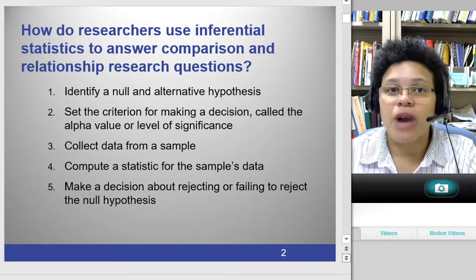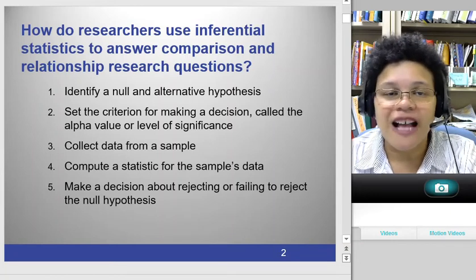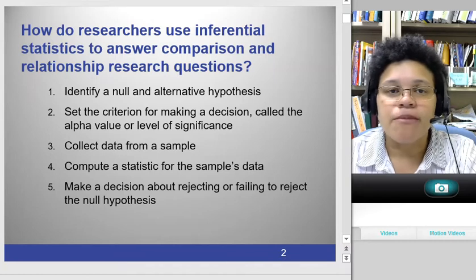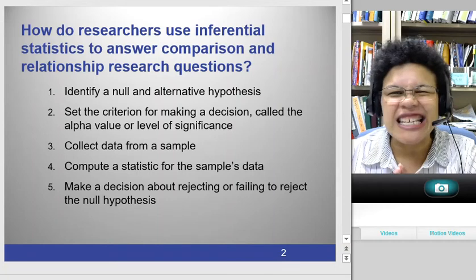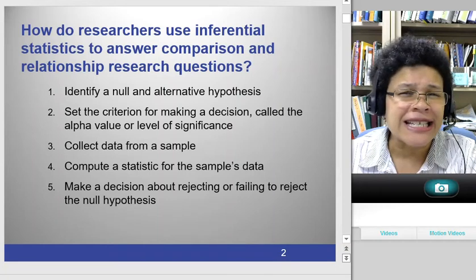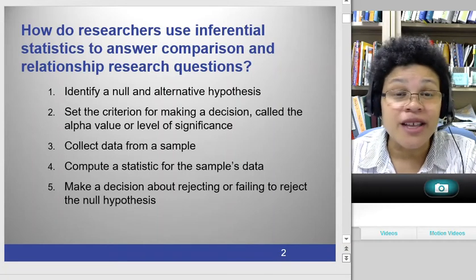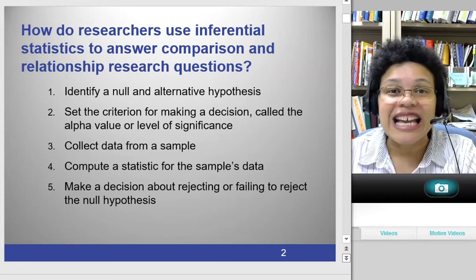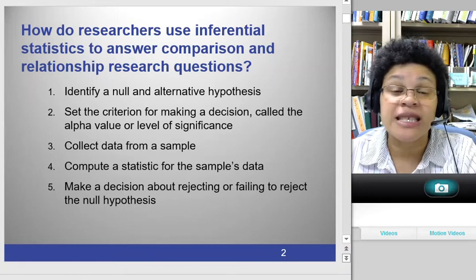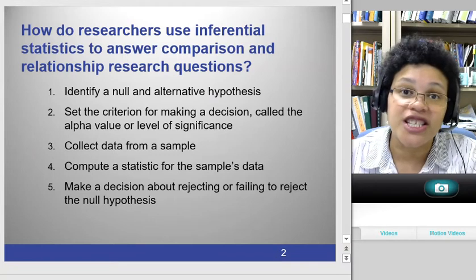And this has to do with probability. Basically, if our alpha value is 0.05, we're saying that 19 out of 20 times of doing the same intervention again and again, we expect that if we compute a difference, there actually was a difference.